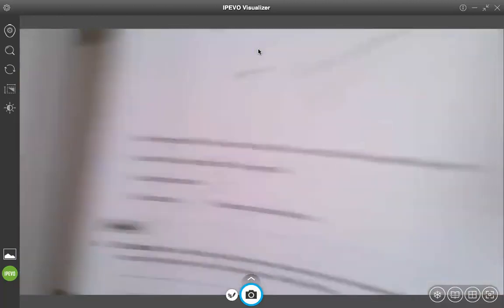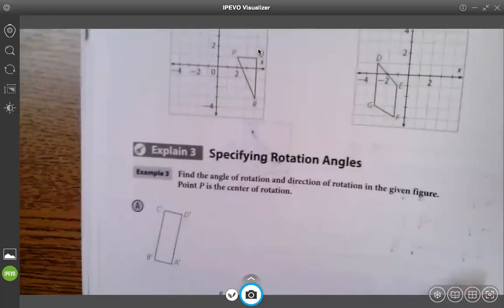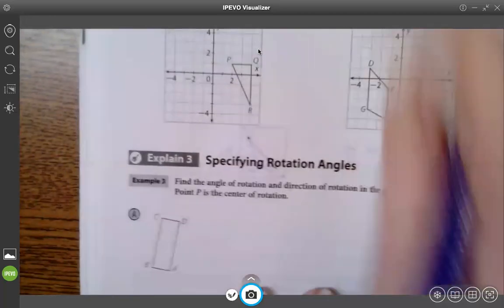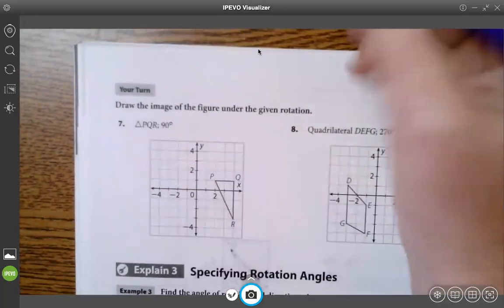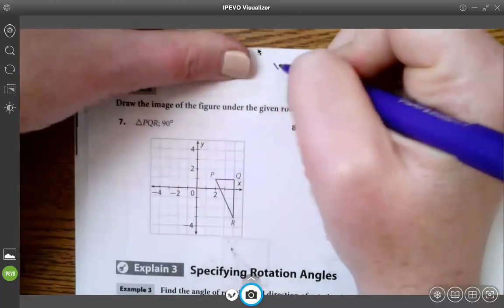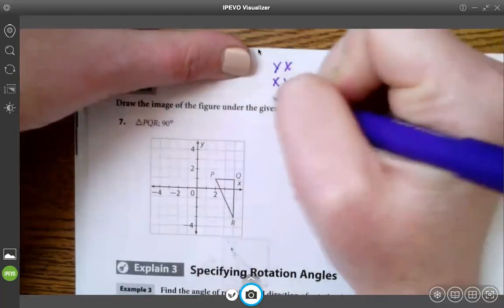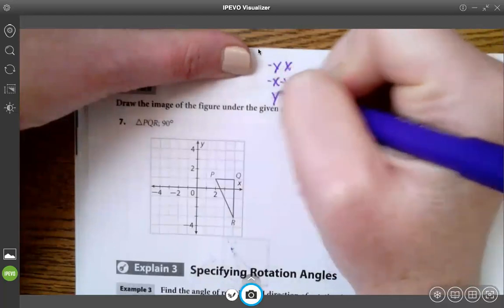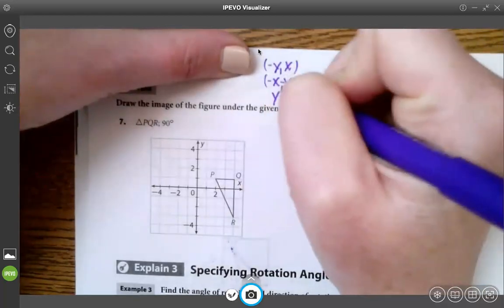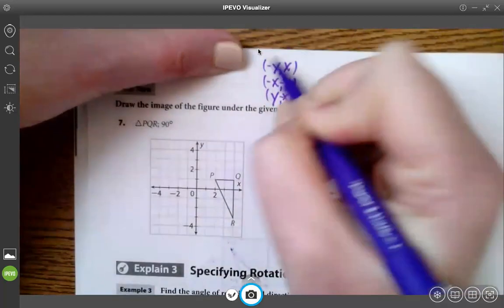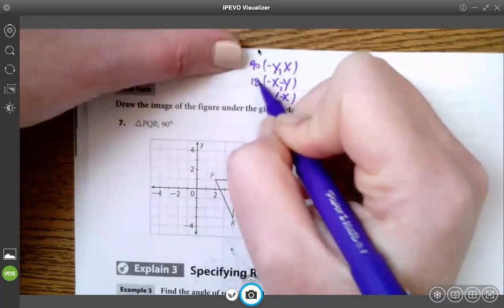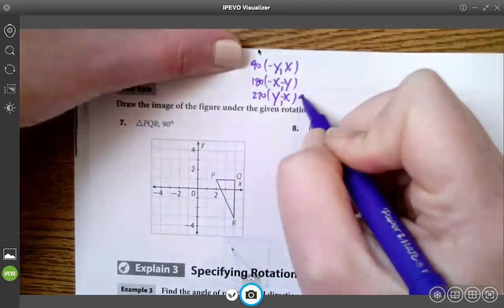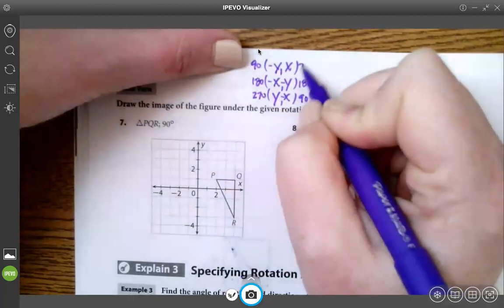On the next page, we have a rotation of 90 degrees. So on this rotation of 90 degrees, we're going to do yx, xy, yx: negative first, negative both, negative last. And then we go 90, 180, and 270.